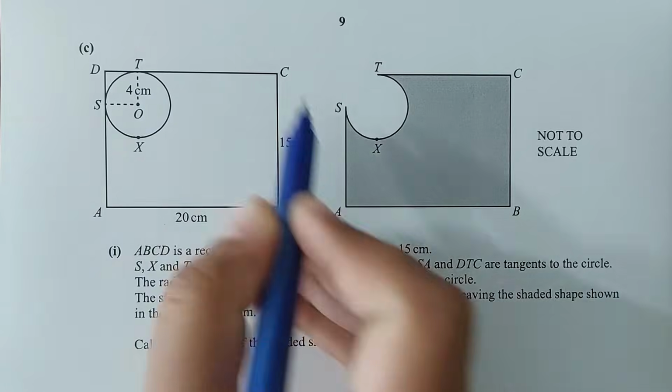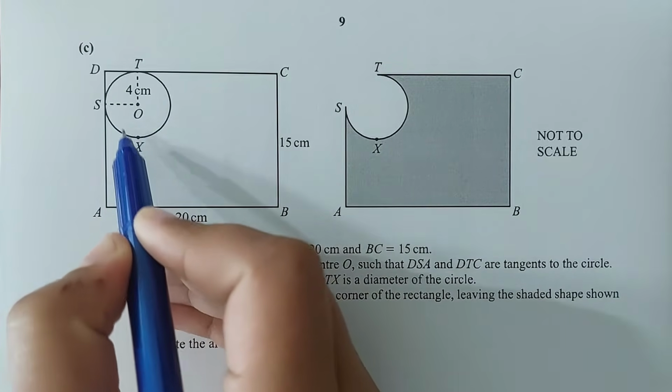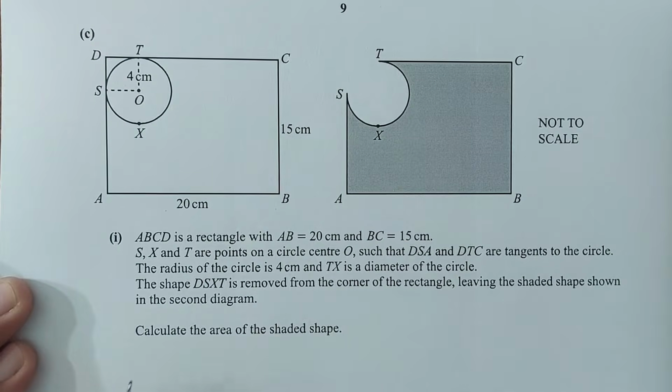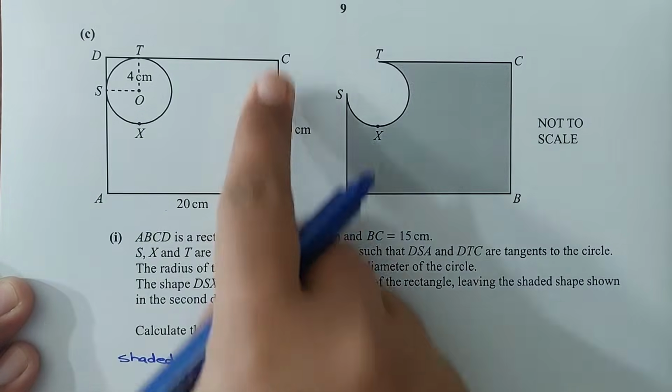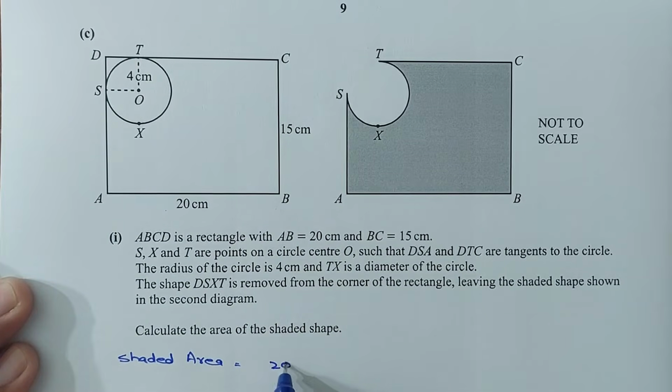So we take the area of the rectangle, subtract the square, and subtract 3/4 of the area of a circle. The shaded area is going to be the area of the rectangle ABCD, which is 20 times 15.